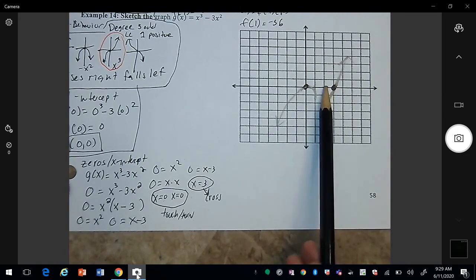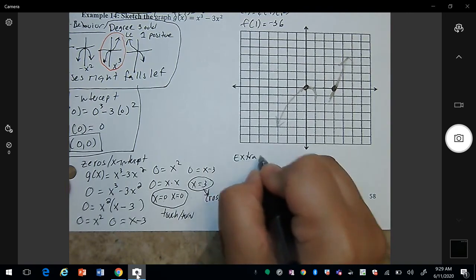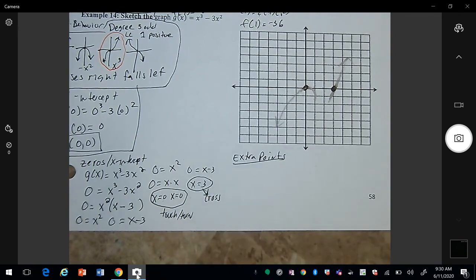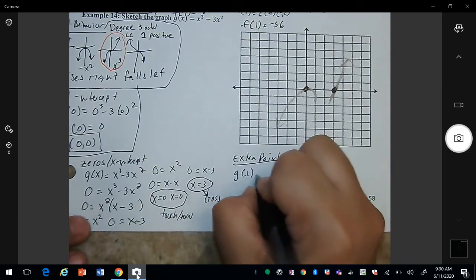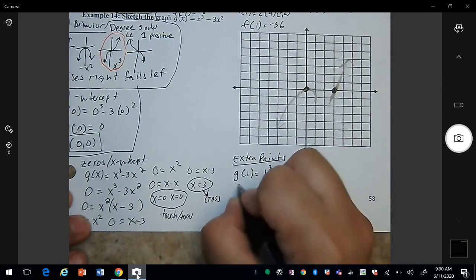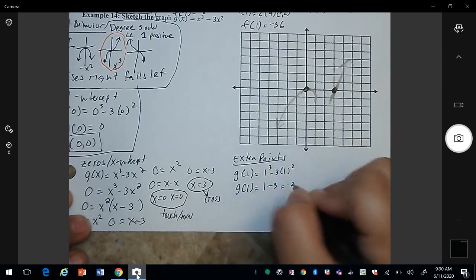So I have 1 and 2 that I'm going to use as my extra points. So if I use 1, then we get g of 1 is equal to 1 cubed minus 3 times 1 squared. So we get 1 minus 3 equals negative 2.